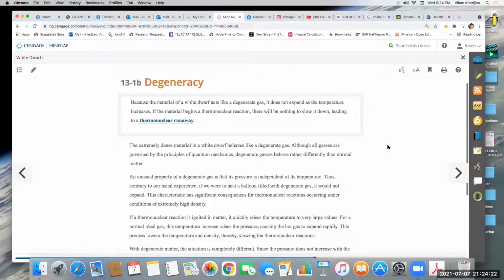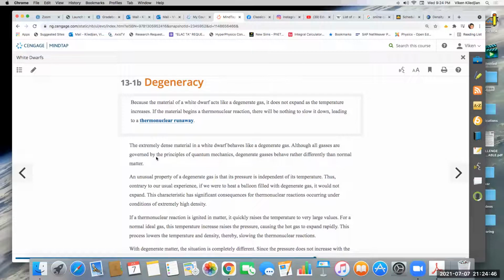Degeneracy. Because the material of a white dwarf acts like a degenerate gas, it does not expand as the temperature increases. If the material begins a thermonuclear reaction, there will be nothing to slow it down, leading to a thermonuclear runaway. So the extremely dense material in the white dwarf behaves like a degenerate gas.